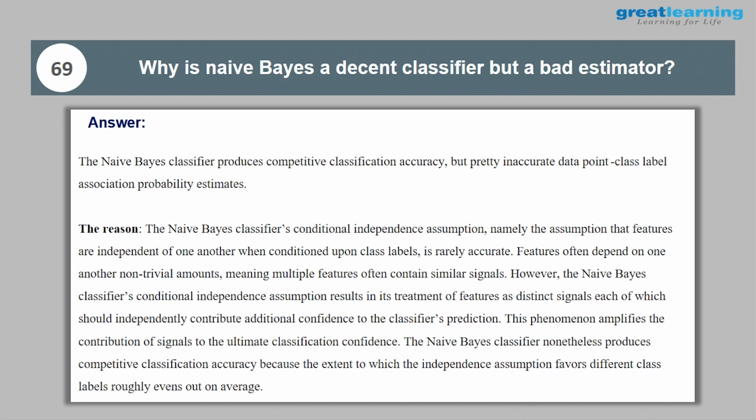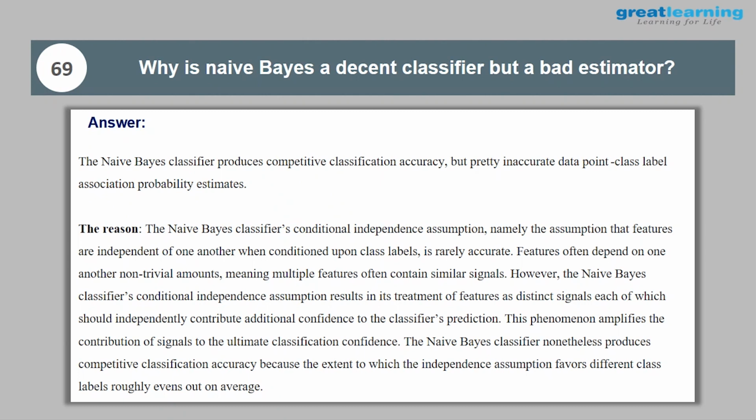Features often depend on one another by non-trivial amounts, meaning multiple features often contain similar signals. However, the naive Bayes classifier's conditional independence assumption results in the treatment of features as distinct signals, each of which should independently contribute additional confidence to the classifier's prediction.